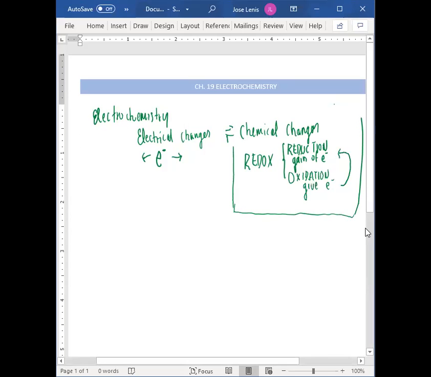So we have a container, and this time we are going to work with aqueous solutions. In these aqueous solutions, we are going to run redox reactions.